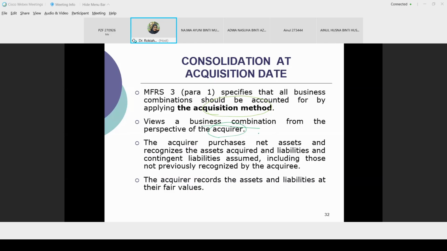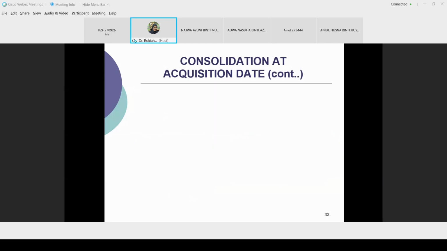So the parent needs to recognize all the assets plus the liabilities, including those not yet recognized. The acquirer records the assets and liabilities at fair value.